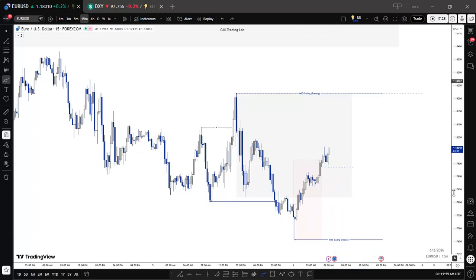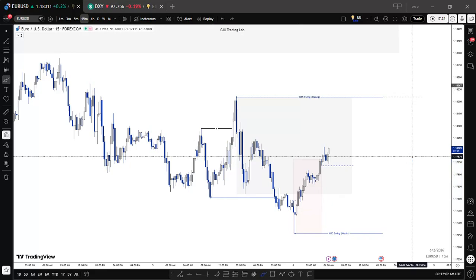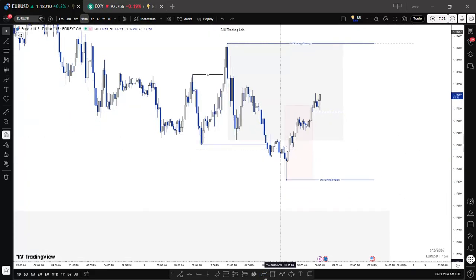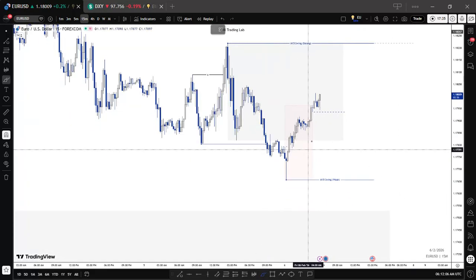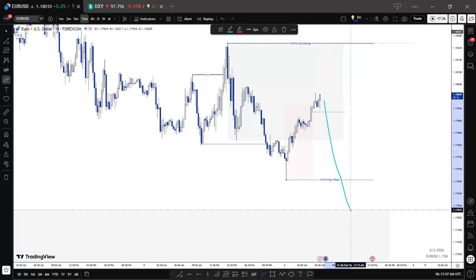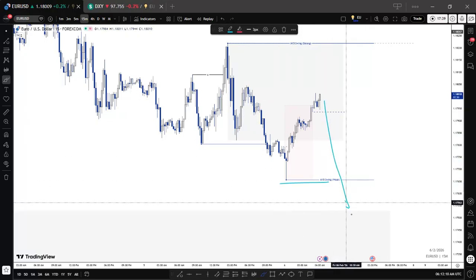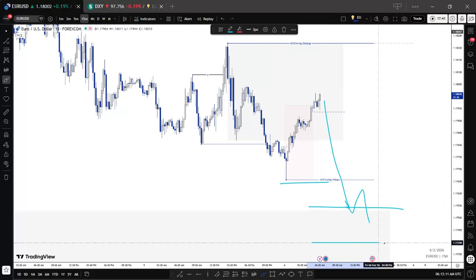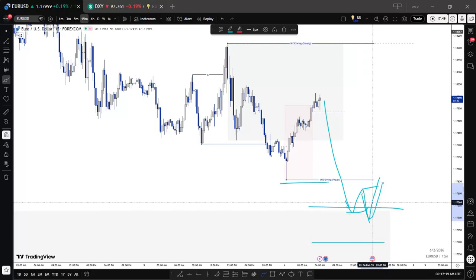Another way you can get involved with the longs is if the 4-hour supply holds, then it breaks the low, then we can look for longs from this 4-hour demand here. You can wait for M15 order flow shift or M15 eyeballs, but this will take a lot of time. Maybe during New York or maybe next week.